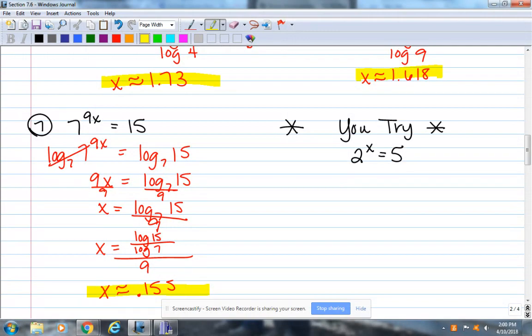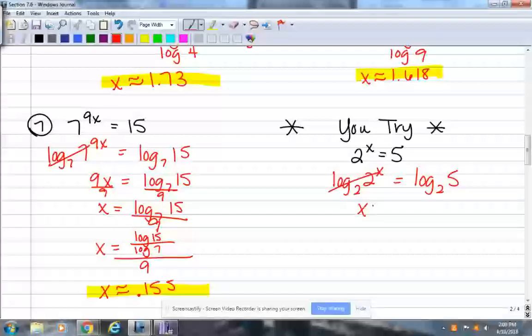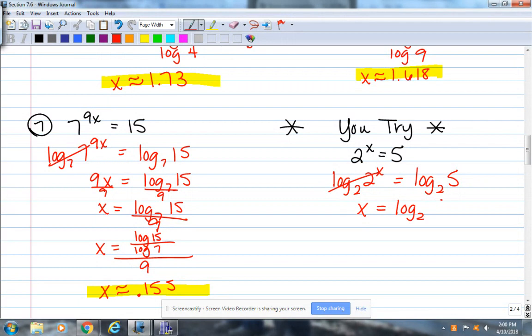All right, so what did you do first on both sides, y'all? Take a logarithm of what base? 2. Okay, then what happened? Cancel that out. So x equals log base 2 of 5. So x equals log base 10 of 5 over log base 10 of 2, right? So it's always big divided by the base.